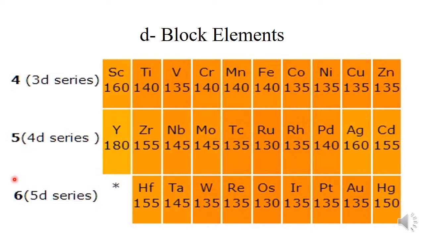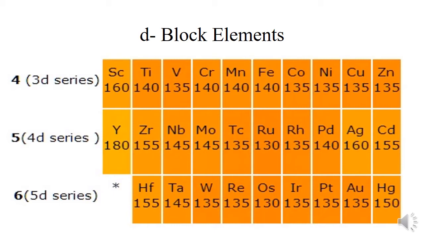And the third transition series or the 5d series, again corresponds to the filling of the 5d sublevel of the sixth period and consists of again 10 elements: lanthanum, hafnium, tantalum, tungsten, rhenium, osmium, iridium, platinum, gold and last is mercury.